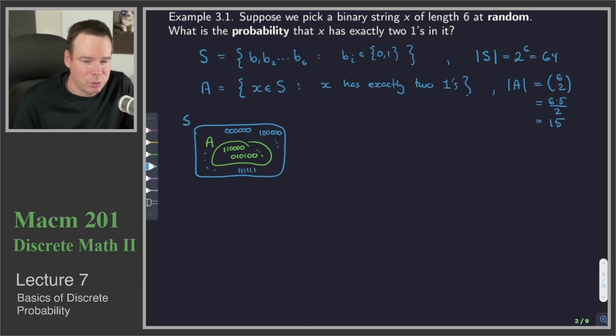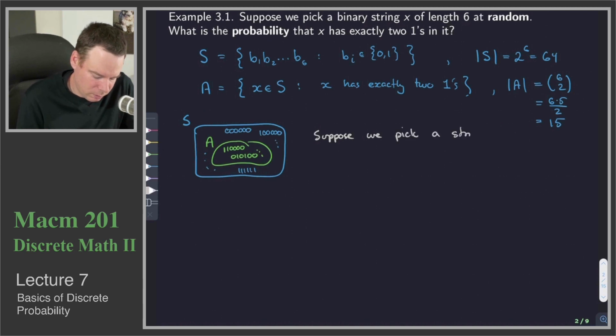Now, what we're interested in doing is picking out of this set S some random string. And I want to know what is the probability, what are the chances that it actually is in A. So suppose we pick a string from S at random.